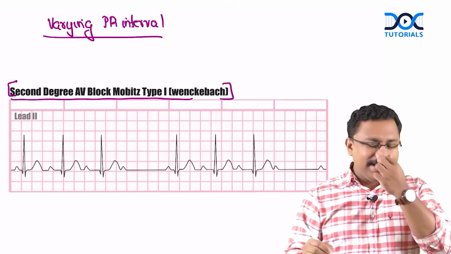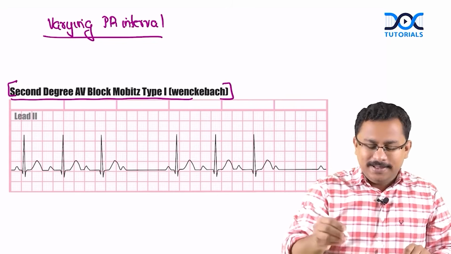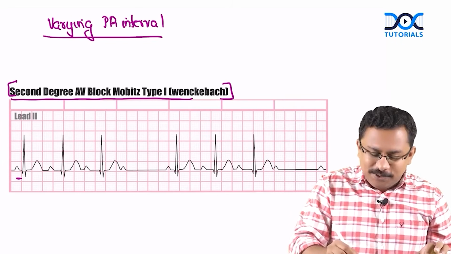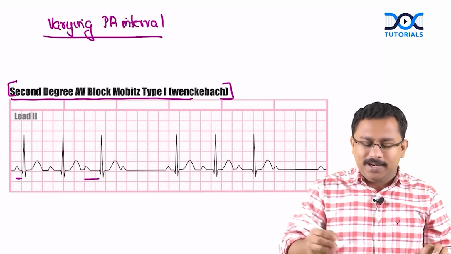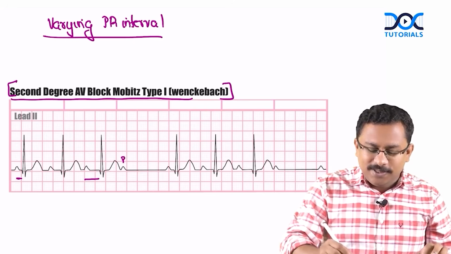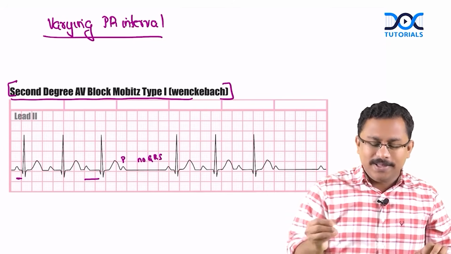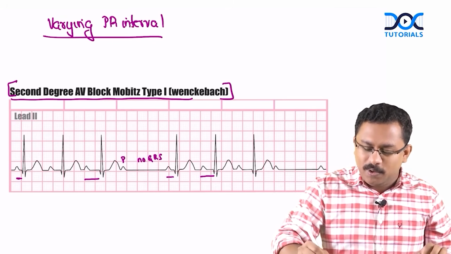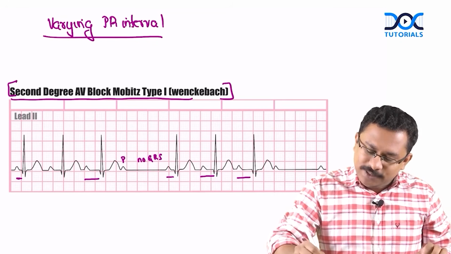In Mobitz type 1, the initial PR interval might appear normal, but subsequently there is a progressive increase in the PR interval, and subsequently for this P, there is no QRS. You see the progressive prolongation of the PR interval, and then for this P there is no QRS.